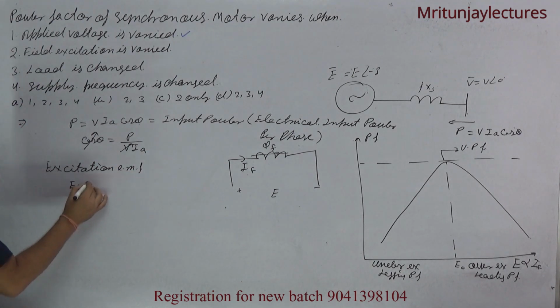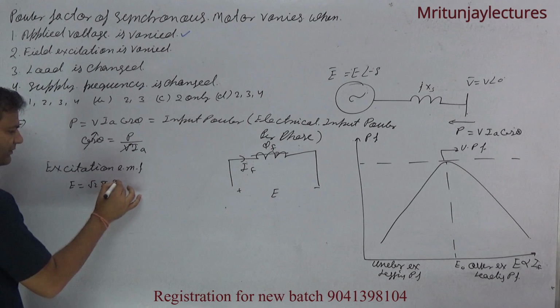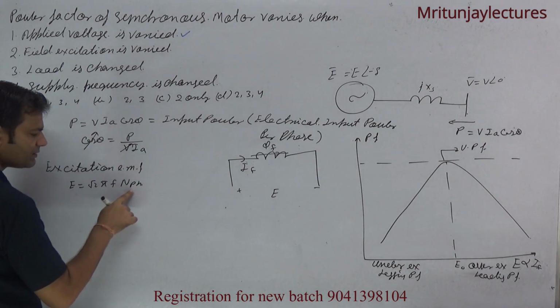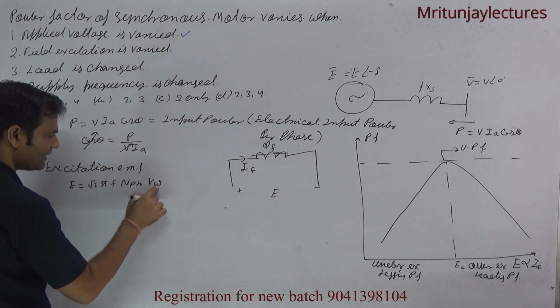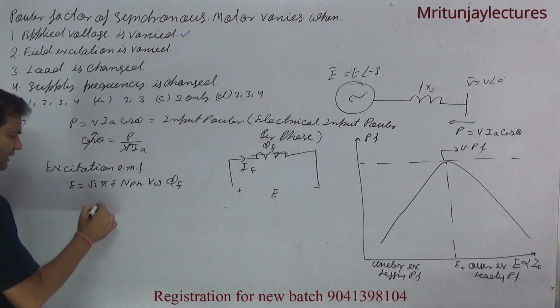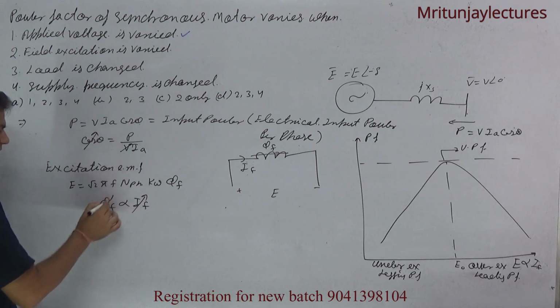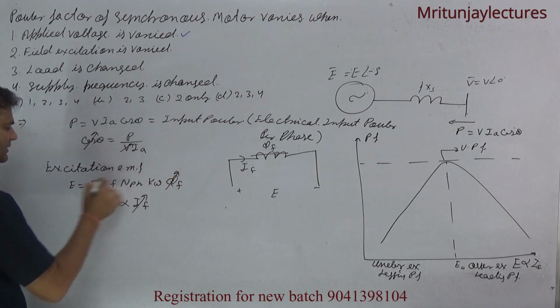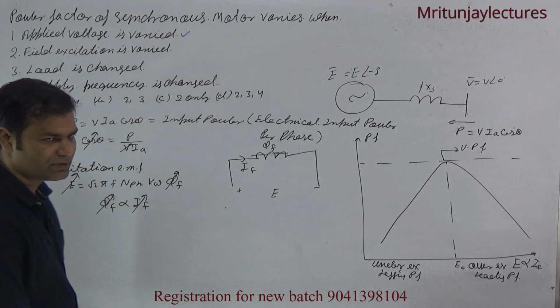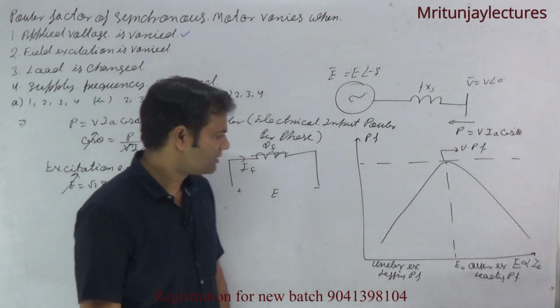E is written as root 2 pi f N per phase into kW winding factor into phi f. I know that phi f is proportional to IF. So if IF is changed, then phi f is changed. If phi f is changed, then excitation EMF also changes.